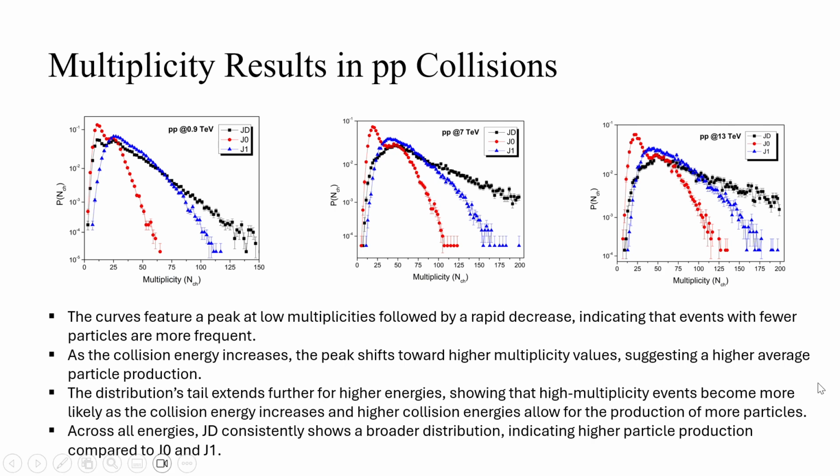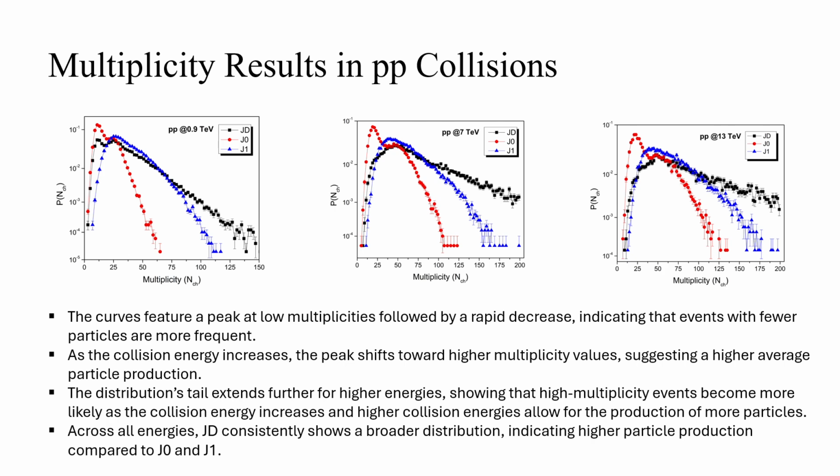Because at 13 TeV the energy is max, and higher multiplicity particles are produced. High multiplicity particles are frequent at this energy, so it allows more particle production, due to the increased available energy. That's the energy dependence in the multiplicity results.